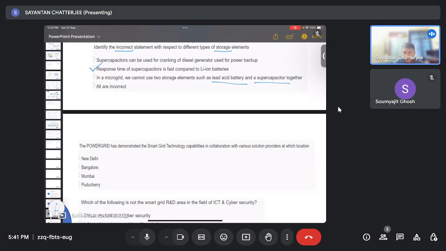The power grid has demonstrated the smart grid technology capabilities in collaboration with various solution providers at which location?